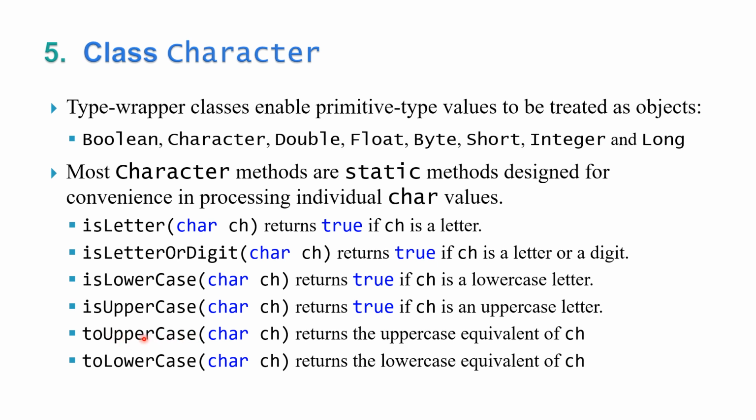Method toUpperCase converts a character to its uppercase equivalent, and method toLowerCase converts a character to its lowercase equivalent. Each of these methods takes a single character as the argument and returns a Boolean value or a char value.